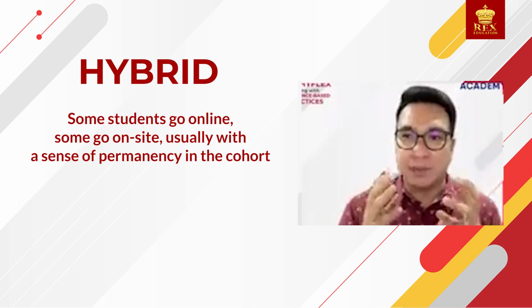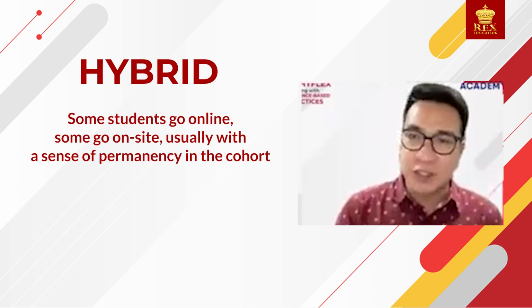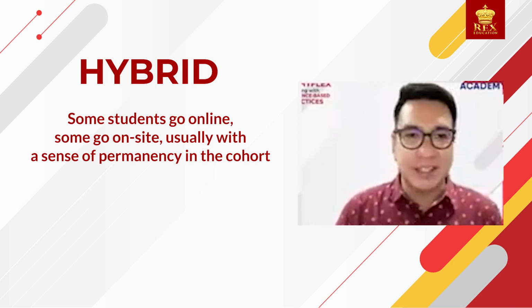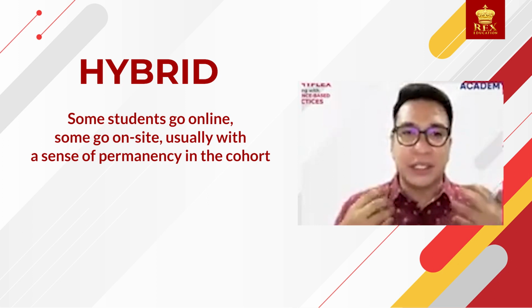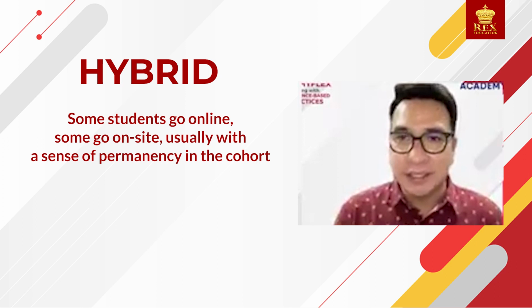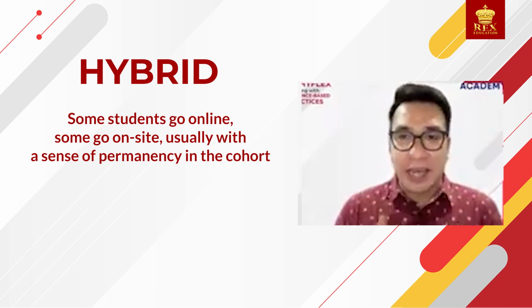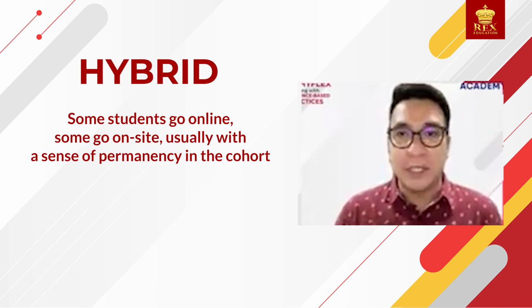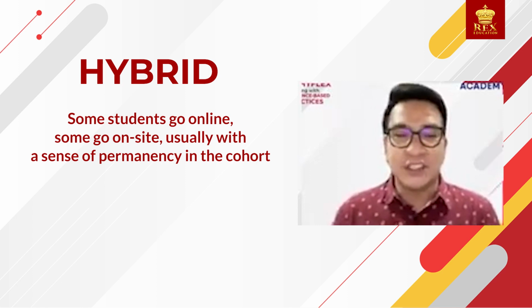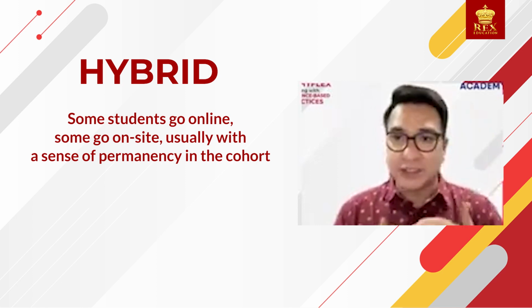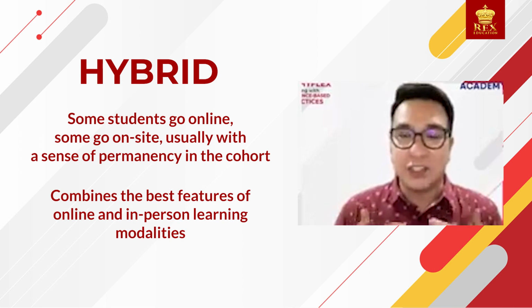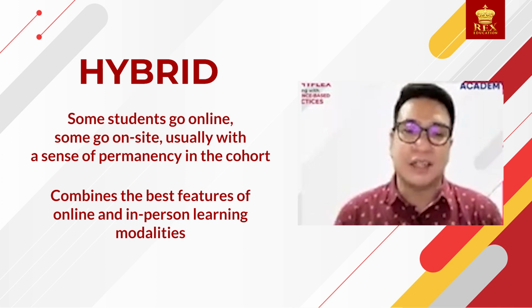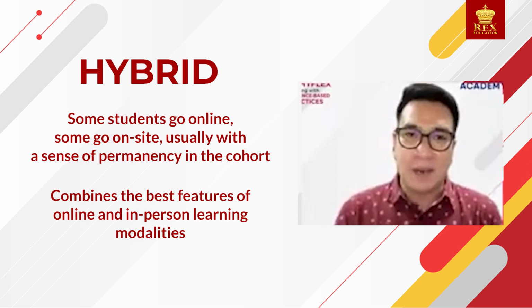There's not much flexibility because what we want is a sense of permanency. For example, in grade 6, in one section, say 6A, half of section A for week 1 will be on-site students, and the other half of section A will be online students. So teachers, following their schedule, will teach both online and on-site students in the same space.